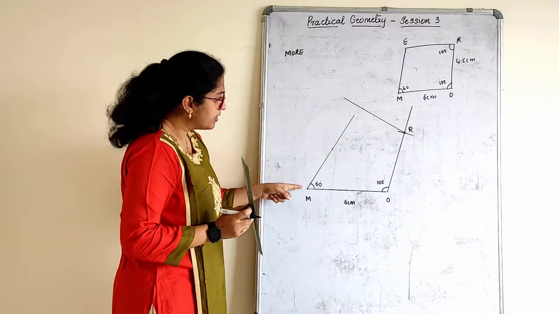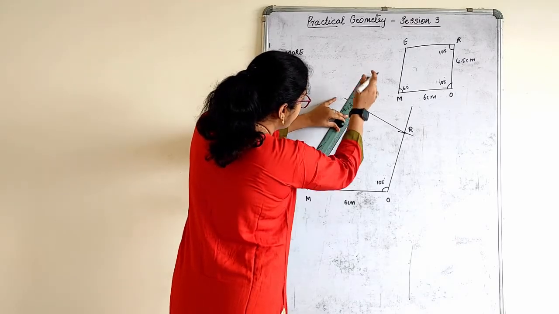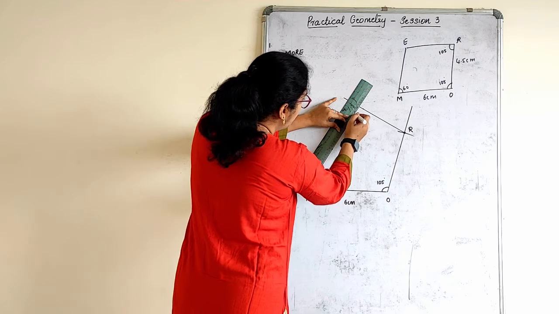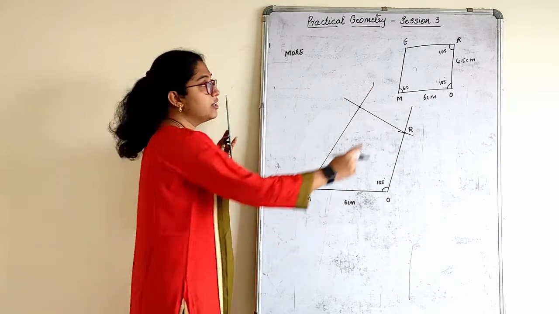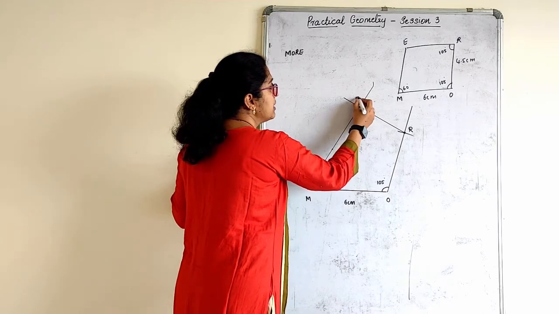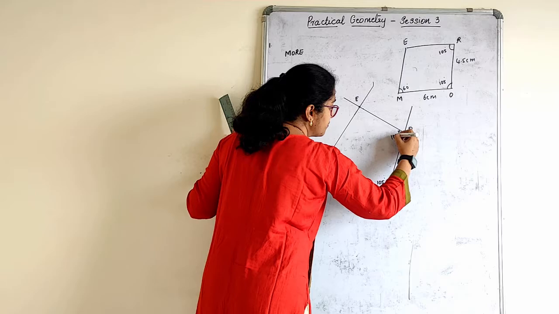Right? Now here, what should I do? Just extend this line to where it cuts the given old line. We got it? What is that point now? E. What is this angle? 105.